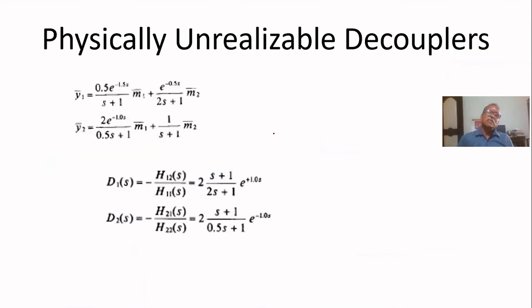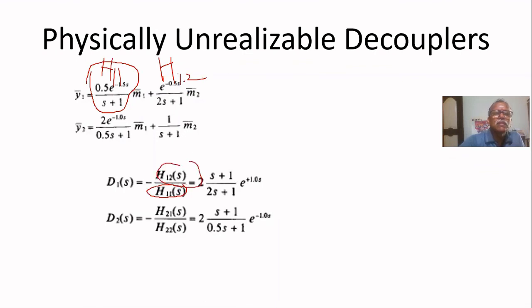Sometimes we get physically unrealizable decouplers. Here, what is the transfer function of H11 and H12? In the denominator H11 is there; the numerator is no problem, H12 is there. In the denominator it comes as e power minus 1.5.